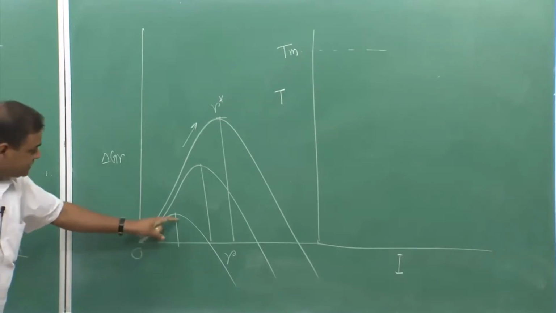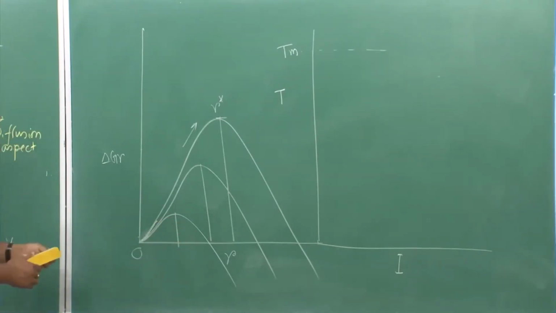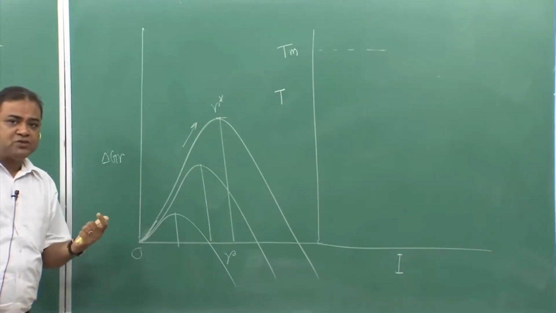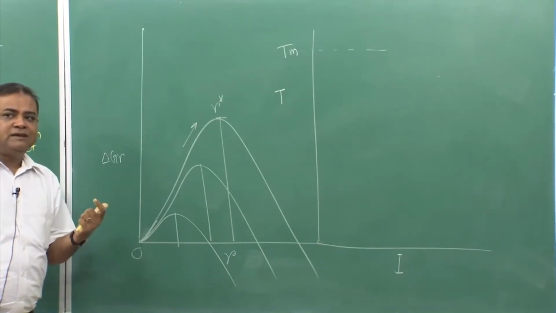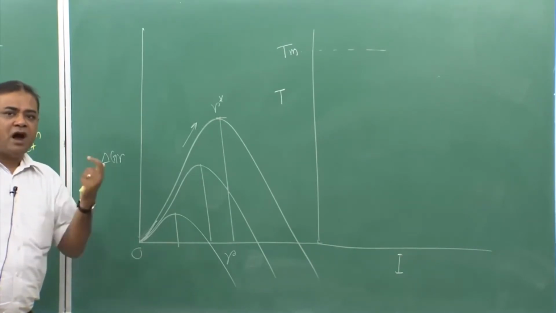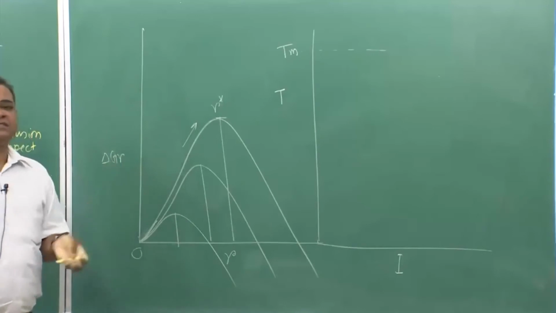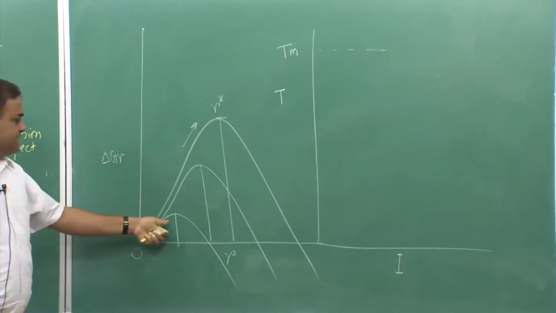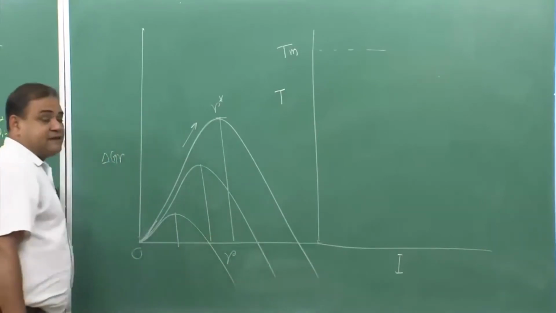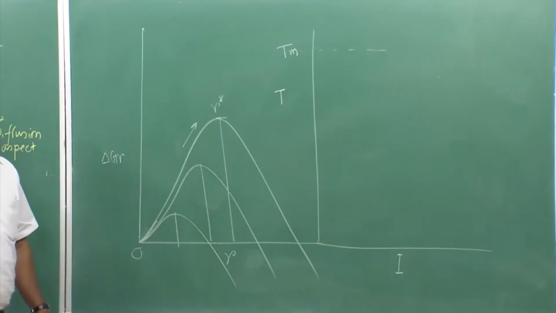Now, as we see that R star is inversely proportional to del T, if we decrease the temperature, R star would decrease as we have seen in the last graph. So, as we are going from here to there, that suggests that del T is small.